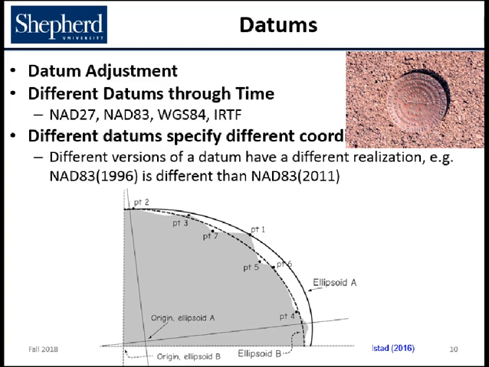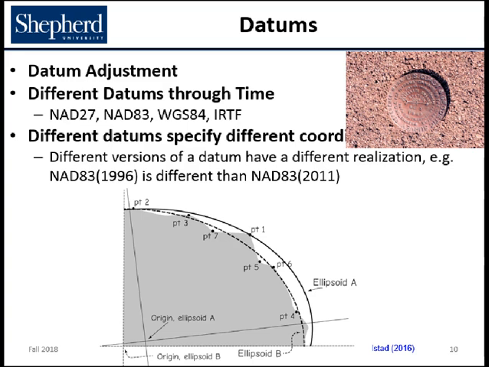To see how a new datum will affect analysis, consider the figure in the lower center of the slide. It illustrates how ellipsoids might change over time, even for the same survey region. Ellipsoid A is estimated with the datum coordinates for point 1 and point 2, with the shown corresponding coordinate axes, origin, and orientation.